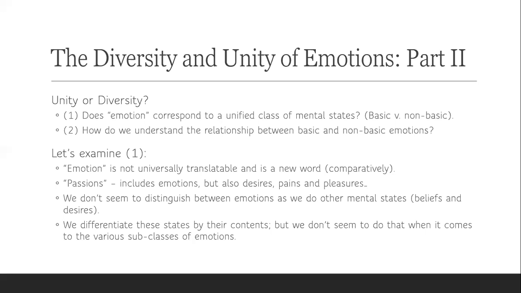As we saw, we distinguish emotions from other mental states not only because of their content, their intentionality, but their epistemology and their phenomenology. And these are all different from other kinds of mental states like beliefs and desires. We differentiate beliefs and desires not just propositionally, but because they're propositional, they have different content. We don't seem to do that with subclasses of emotions.